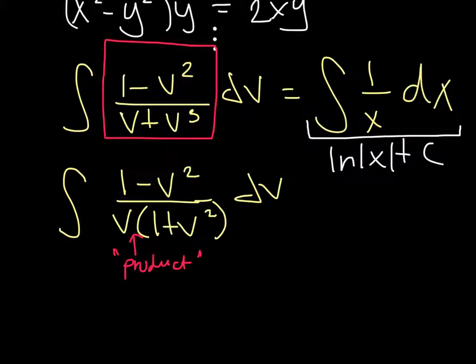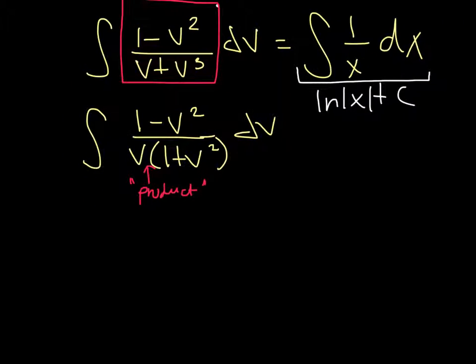And so anytime you have a product in the denominator, whether it's a product of linear factors or quadratic factors, you can decompose the function into partial fractions, or pieces of fractions, that you'll see. So in this case, again, I'm going to work with this guy.